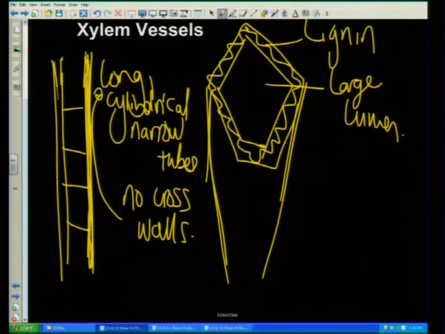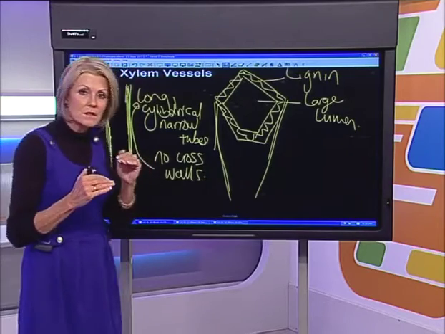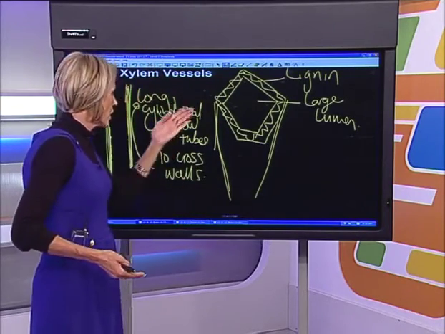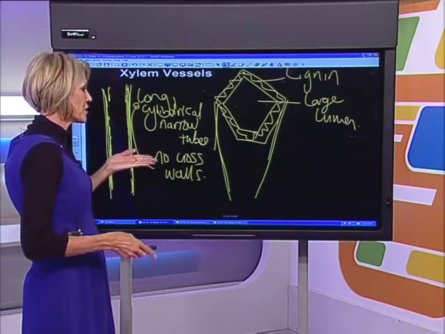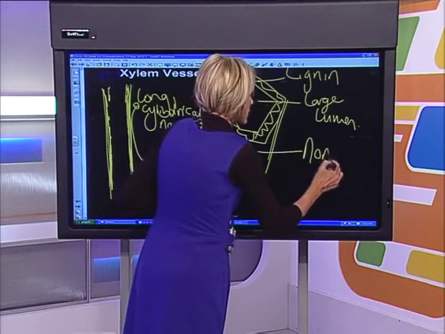So the cell walls are all nice and thick, and these cross walls that divided each of the cells and made them different cells, they've all died. They're gone. So these are long, cylindrical, narrow tubes. There are no cross walls, and they are also non-living.